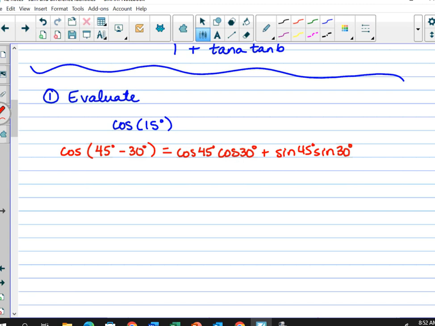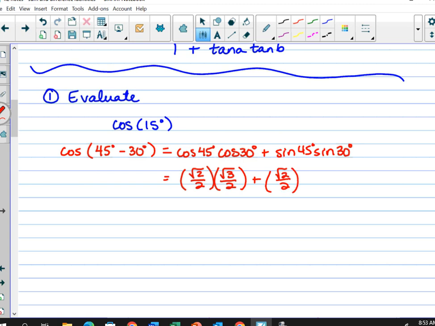And now you evaluate. What is the cosine of 45 degrees? What is the cosine of 30 degrees? Literally, you gotta know this. That's your 6. That's not your 3. It's a sine of 45 degrees.